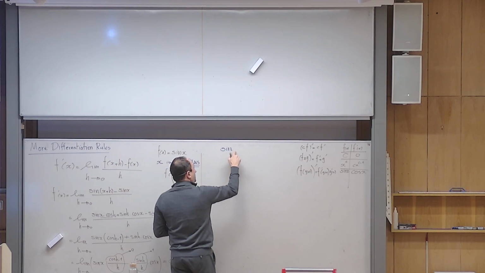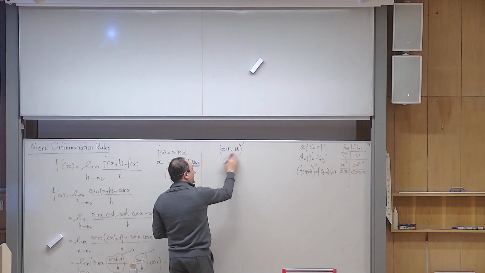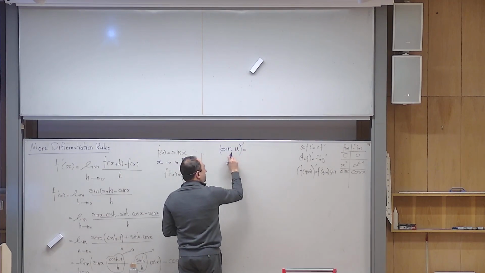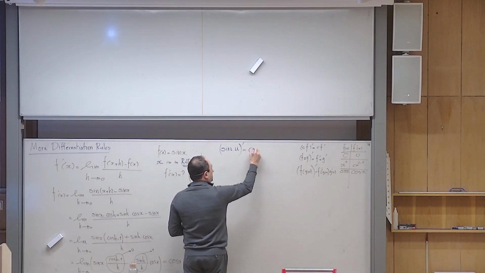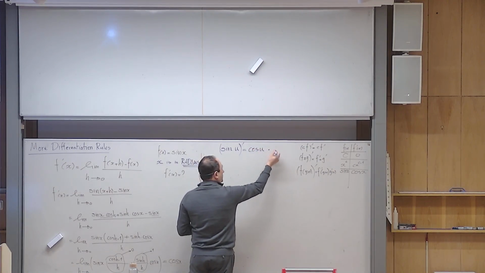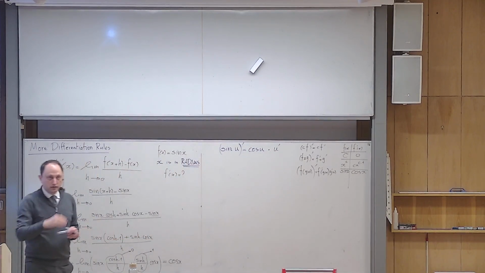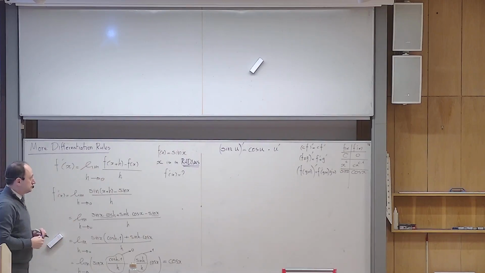Instead of having sine x, let us have sine of u, where u is a function of x, and you're interested in calculating its derivative. It follows the same rule, but do you remember what the difference is? The difference is that you have to multiply by an extra u prime factor.